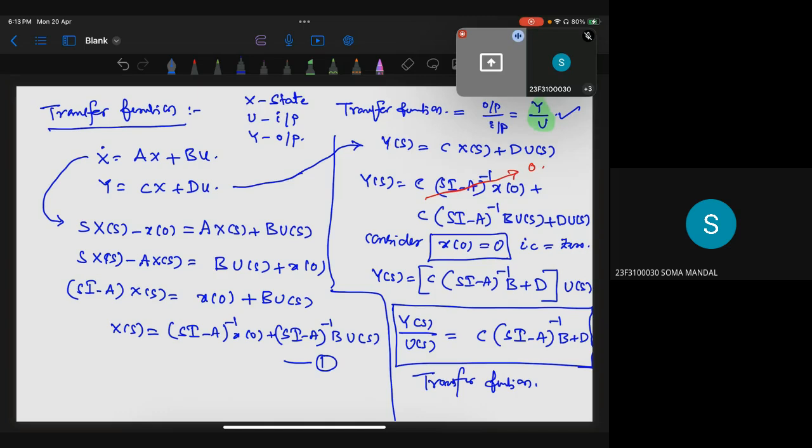This is the transfer function. If you know your A, B, C, D matrices, given x dot is equal to Ax plus Bu, y is equal to Cx plus Du, a state space system, you can find the transfer function. Clear?